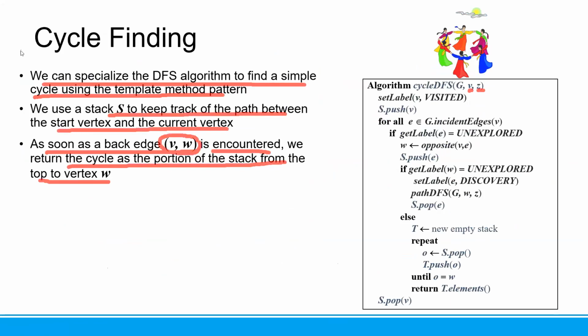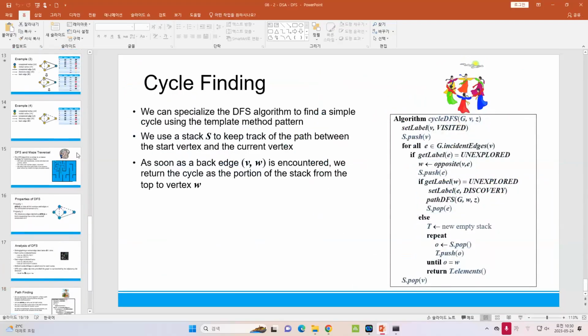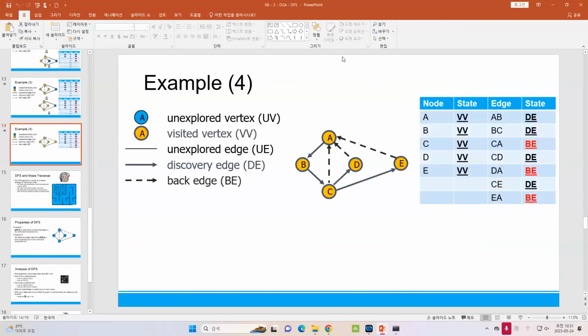If you remember from the example that I have before, let's say from A to B, B to C, and then we can have this is the cycle. But actually in the DFS, we want to explore all nodes.